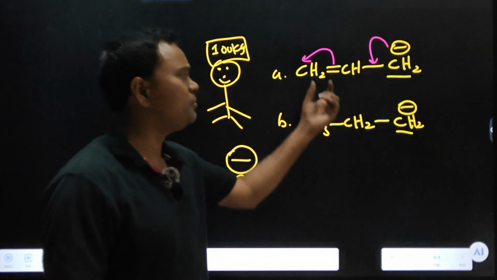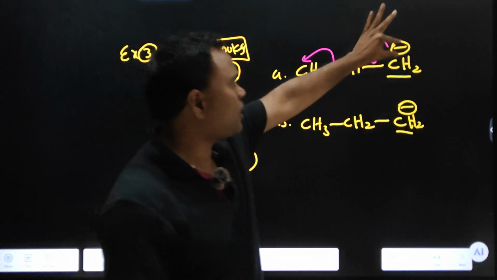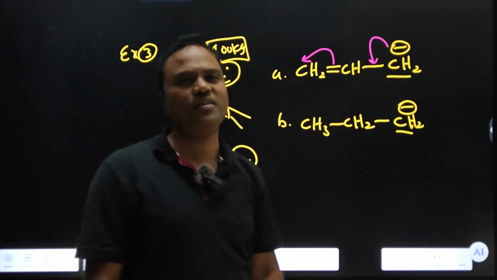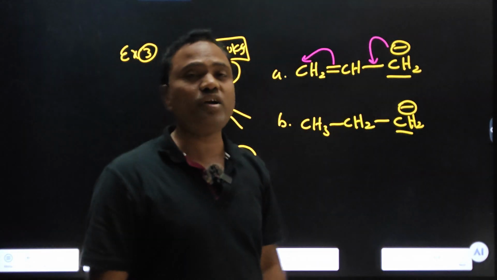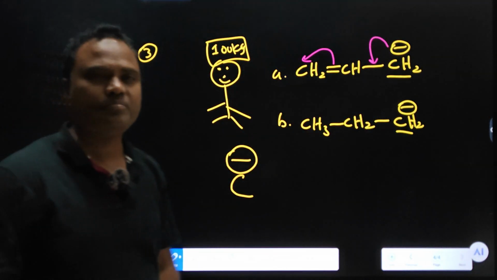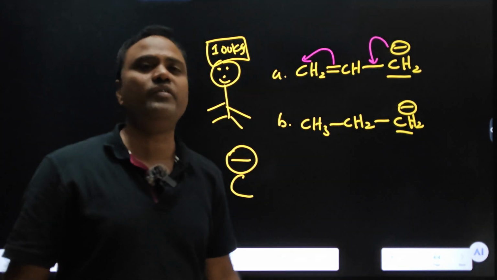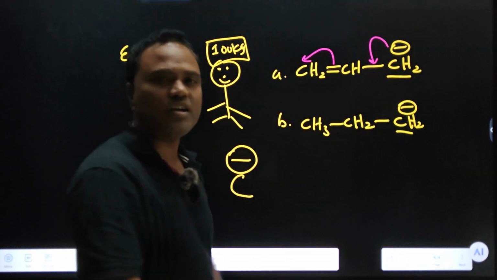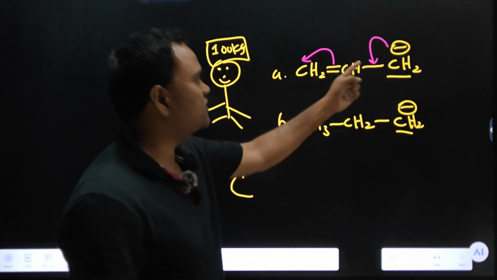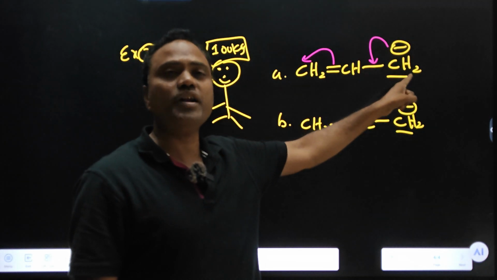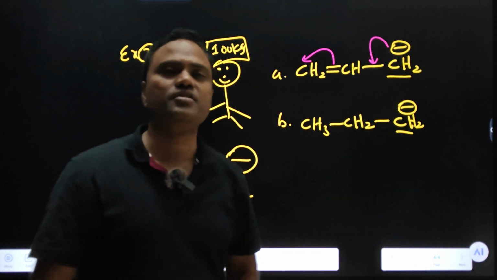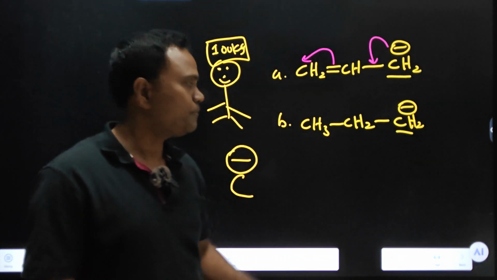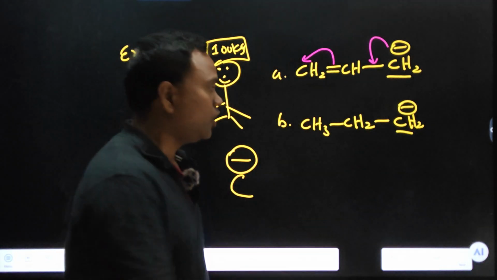Because of resonance, carbon is losing its negative charge, losing its weight, and will become stable. Because the negative charge is removed. If a person loses weight, then he will get stability. Why is carbon losing weight? Because of resonance. We know the resonance condition: a double bond adjacent to an atom with a negative charge, then resonance takes place. Clear?